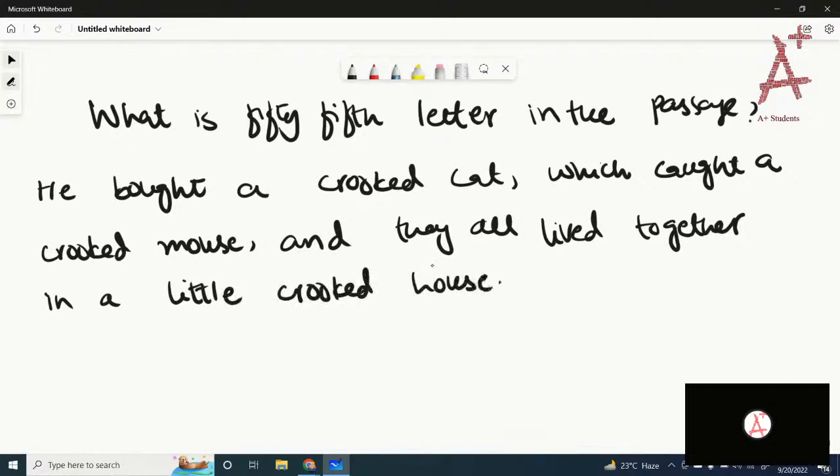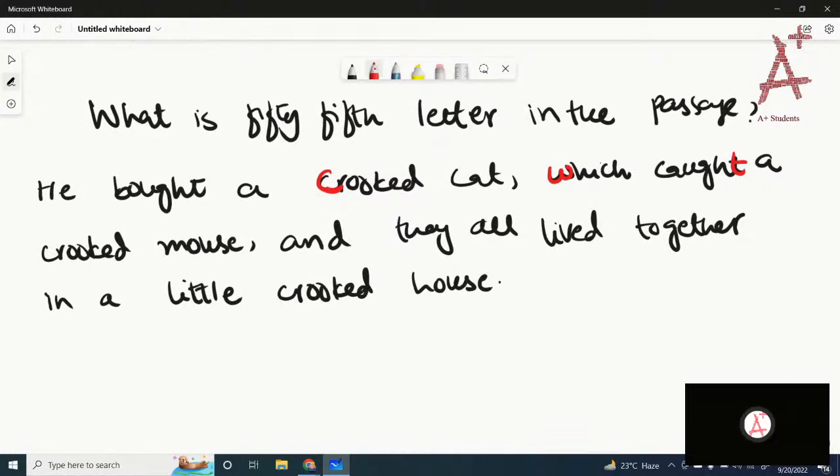Okay. So that's actually the passage, and you have to find the 55th letter. So as a hint, you are given that every 10th letter is red. Let me mark them.